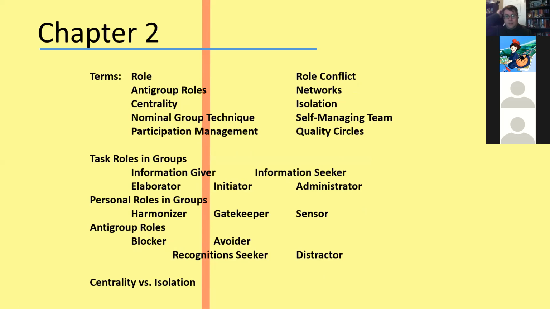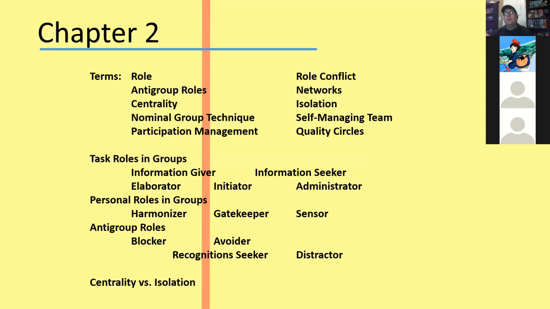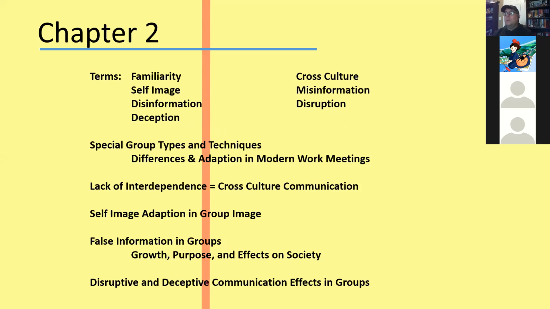Those were those things. So just FYI, we'll cover that at the end, because that's today's participation. Anyways, when we go to the anti-group role, we already covered the avoider, blocker, distractor. Those are all disruptors in the group, and so forth.